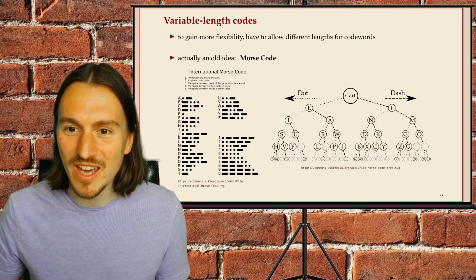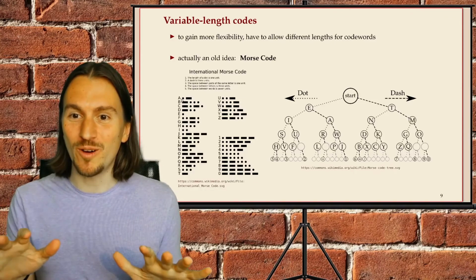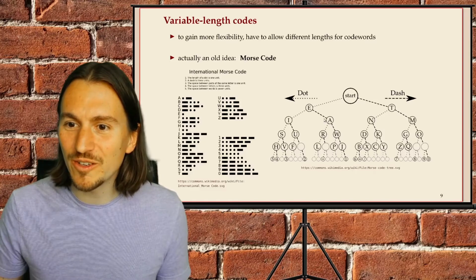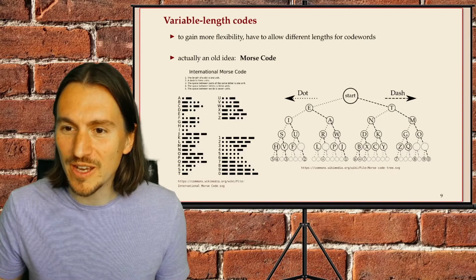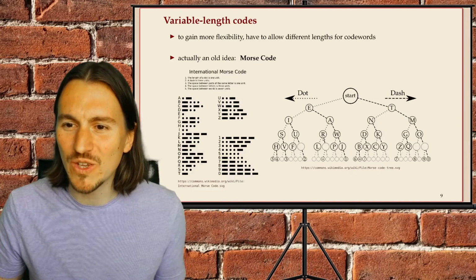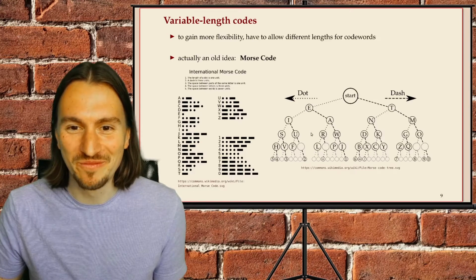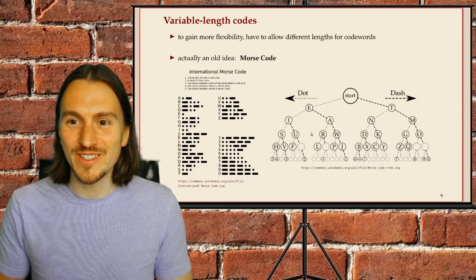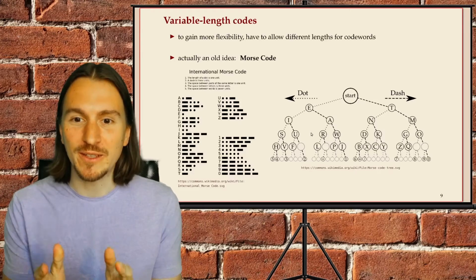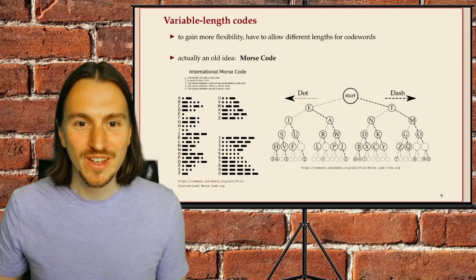So if you send A, you do dot, dash, and you make a pause. Because otherwise, how would the decoder know whether you're actually sending an A, so that you have to stop after dot dash, or you're continuing and saying it's an R with dot dash dot? Okay? So the trick here is Morse code really uses a third symbol, which is a blank, to separate individual code words.